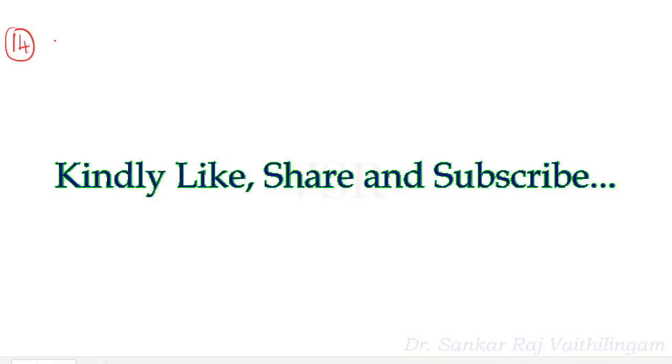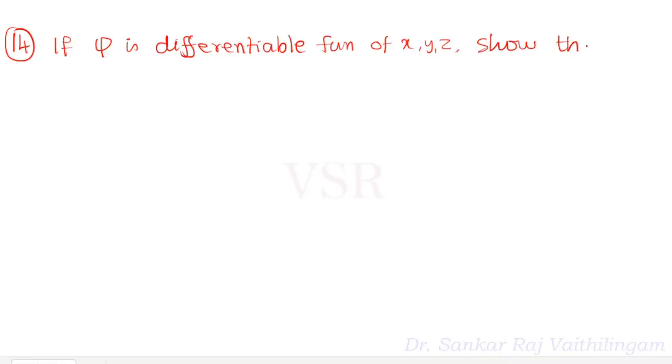If phi is a differentiable function of x, y, z, show that del phi dot dr is equal to d phi. This is what I am going to show. What is this, sir? Nothing, it is very simple. It is just the chain rule we have, nothing else.